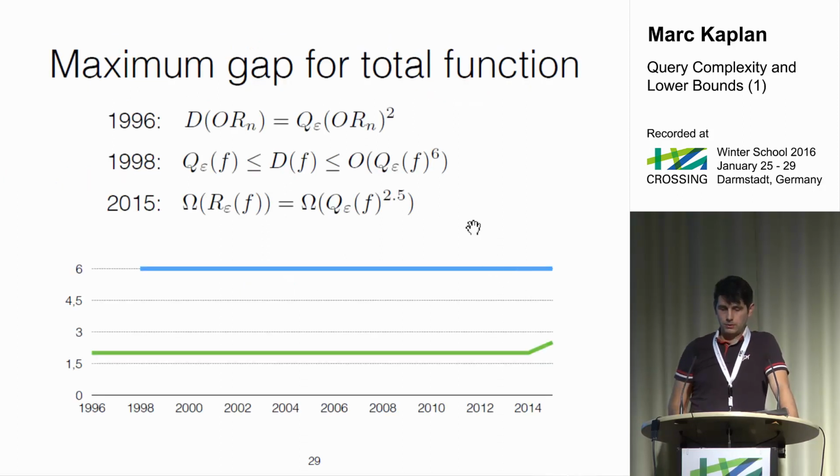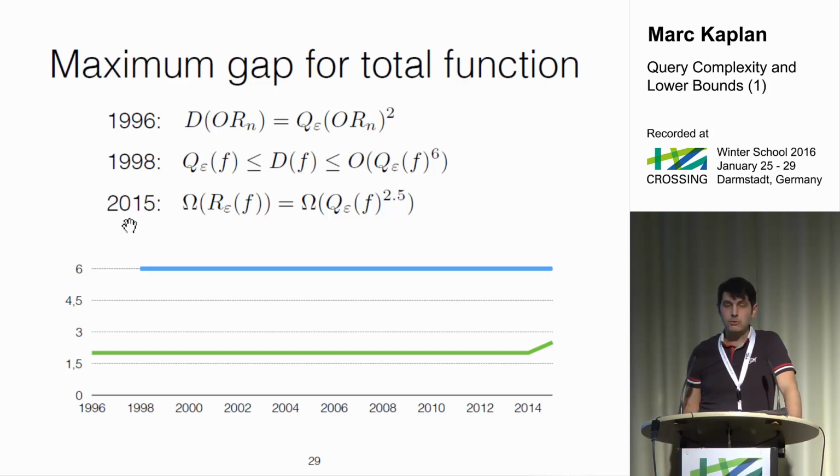Okay, this graph is a little bit silly, but it's just to show you that this story is still active nowadays. So between 1995 and 1997, we knew already that for the OR function, there was a quadratic gap between the classical query complexity and quantum query complexity. So here, it's exactly quadratic.